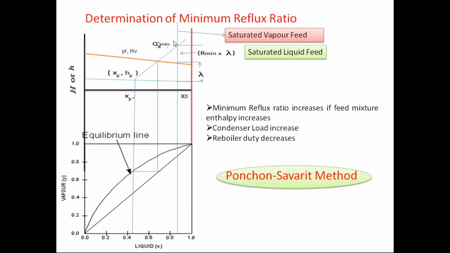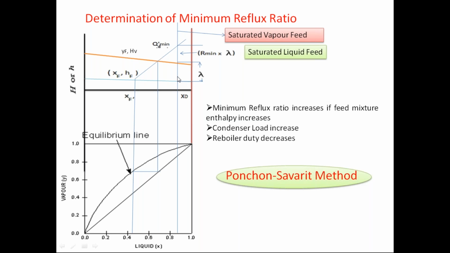So that gives, on this diagram, QD prime minimum. This is the minimum condition at which you have to supply the reflux ratio for getting this much of separation. So you will get QD minimum.